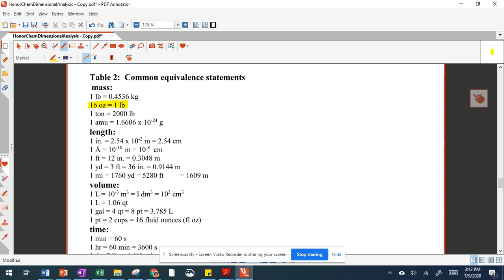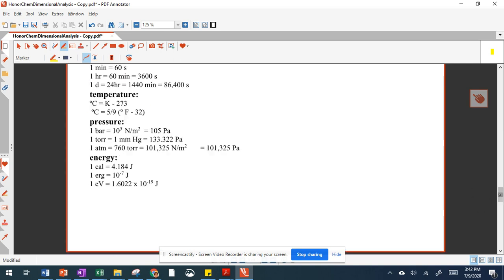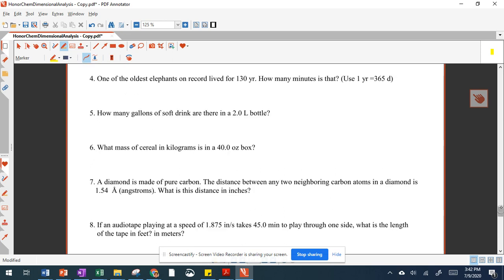But we also have this equality, 1 pound is 0.4536 kilograms. So we're going to be using both of these equalities to help us set up our conversion factors. So let's go back down and go to the problem.